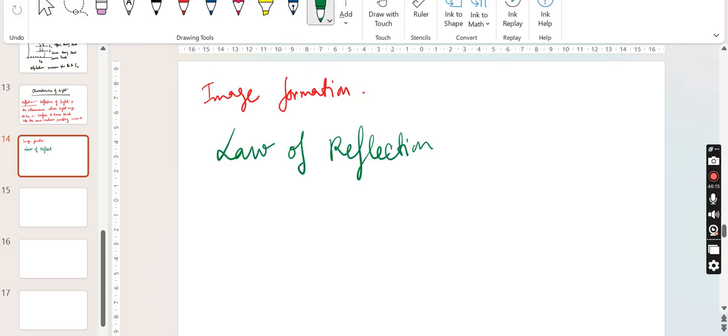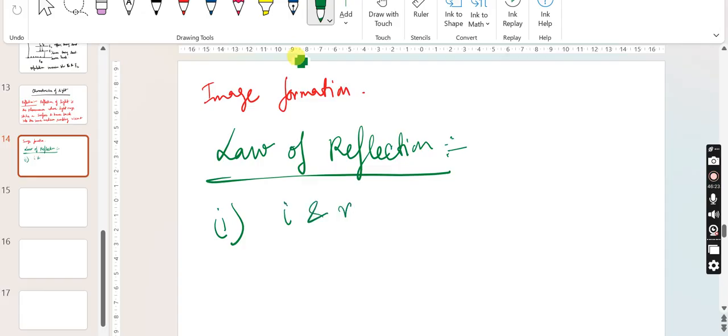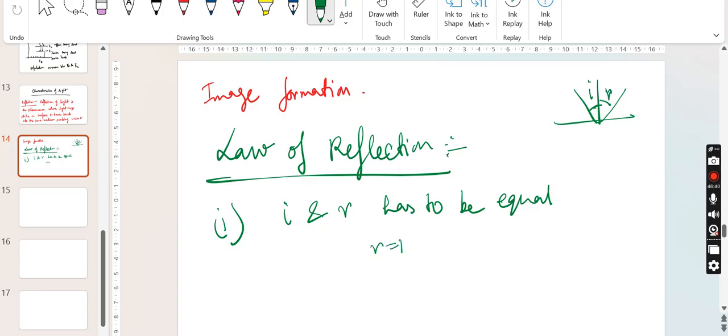And the law, which is more important than the definition: one is that the angle of incidence I and the angle of reflection R have to be equal. So basically, this is I and this is R. They need to be equal.